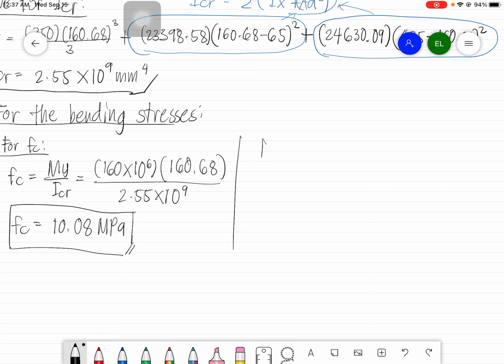Then next is for Fs, this is for the tensile steel.